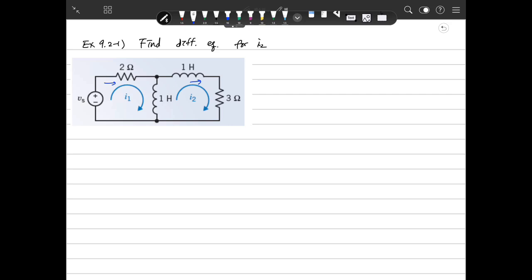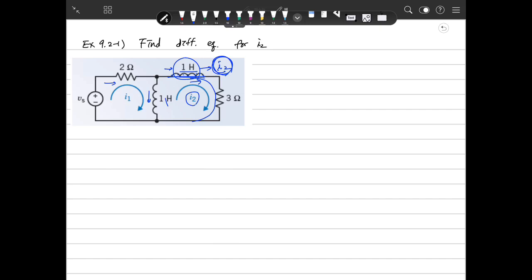Because there are two inductors, we need to know two variables: this current over here and this current here. So this current is defined as I2. Why? This inductor is contained only in this loop, so I2 is the whole current flowing through this inductor.